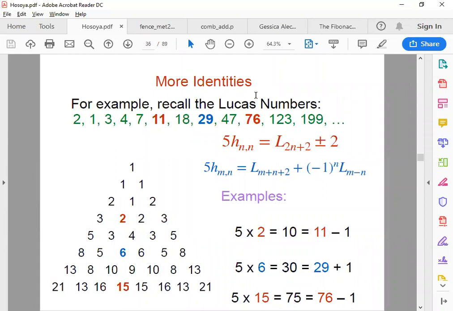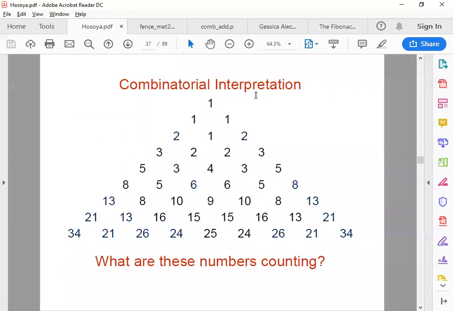So 5 times 2 is 10, which is 11 minus 1. 5 times 6 is 30, which is 29 plus 1. 5 times 15 is 75, which is 76 minus 1. Why am I always adding and subtracting ones? Because even though my parallelogram keeps going out, the difference between the left diagonal and the right diagonal is staying constant at 1. So anyway, lots of identities.